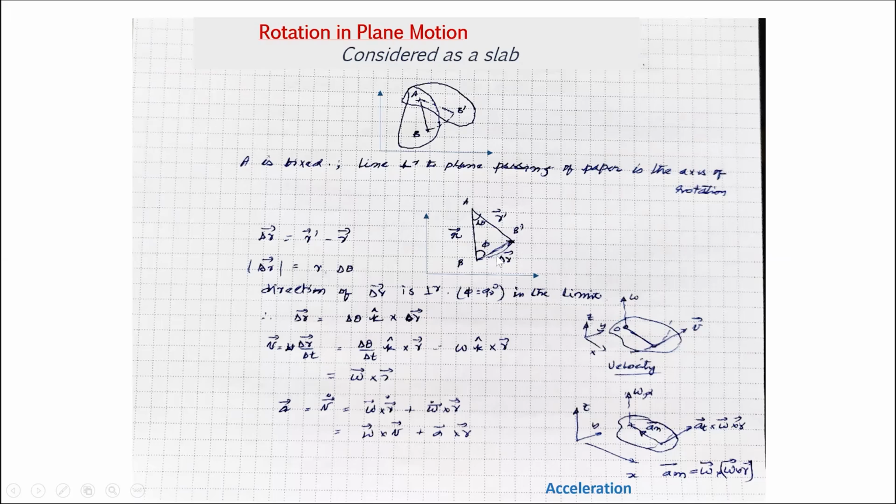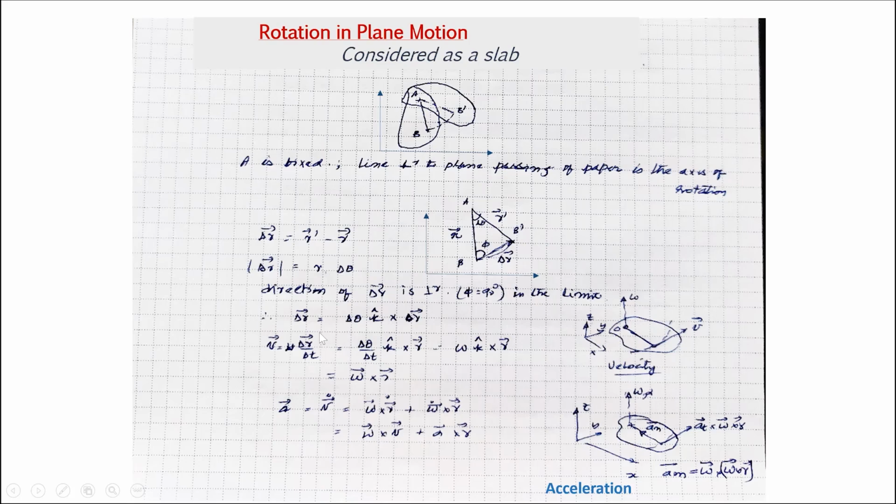So the magnitude of this vector BB prime in the limit is nothing but R delta theta. What about the direction of delta R? So delta R in the limit is perpendicular to AB. So if you draw a line here, this phi becomes 90 degrees in the limit.